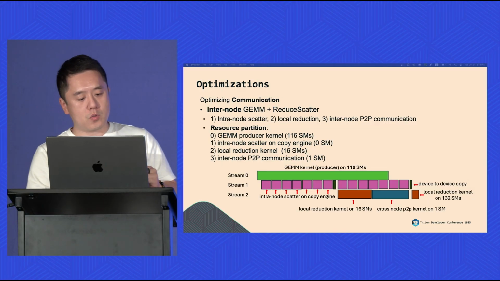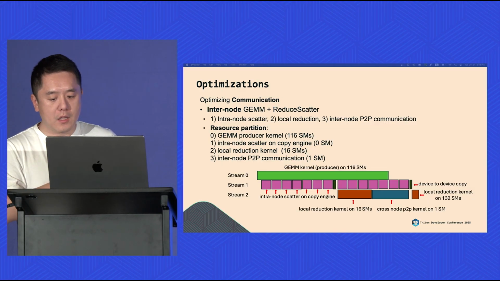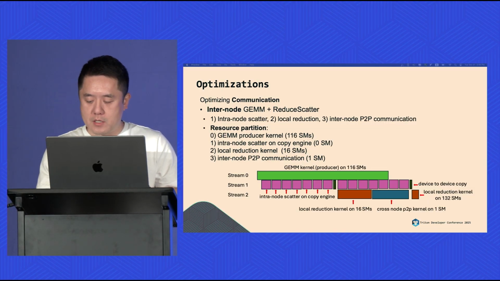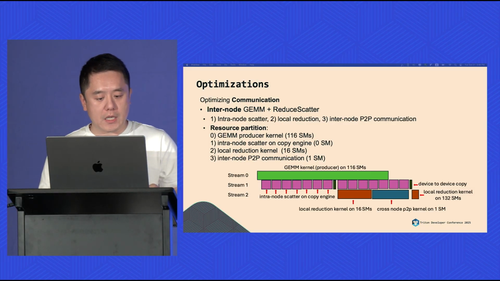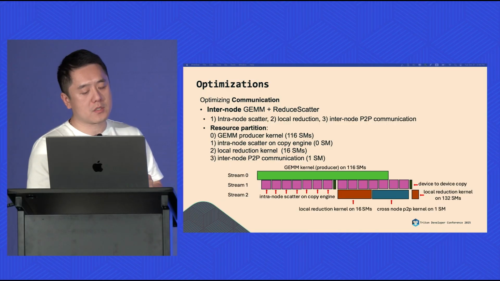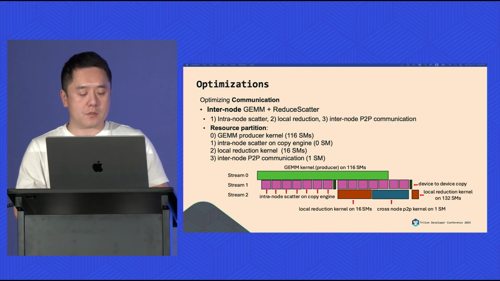For the intranode, we use another stream, and it only uses the copy engine without consuming any SMs. And for the local reduction, we have to use SMs to do the computation.